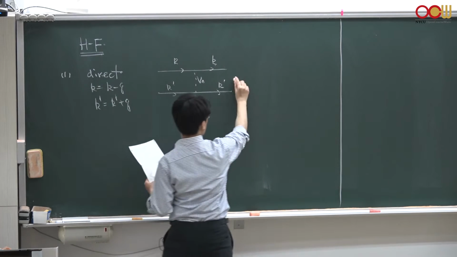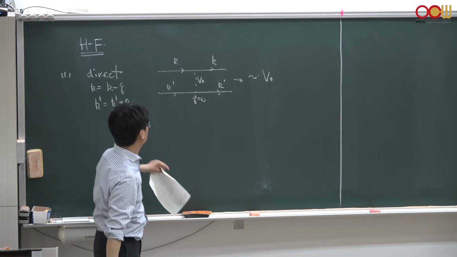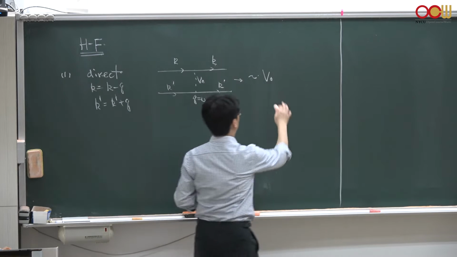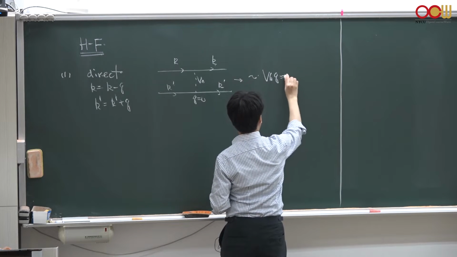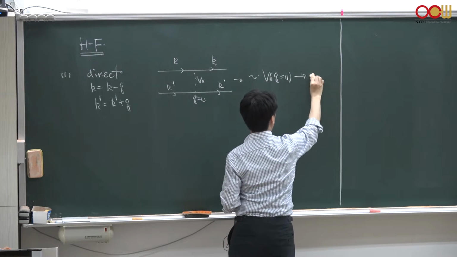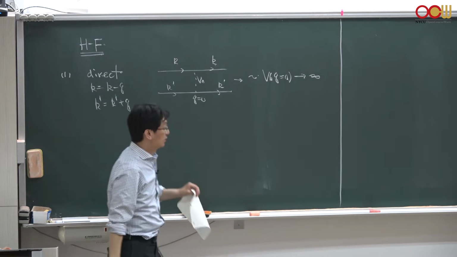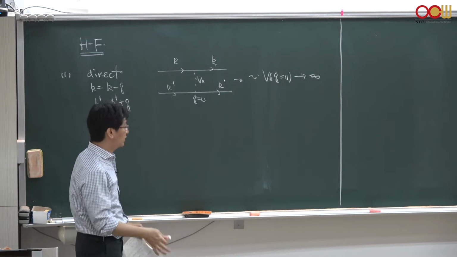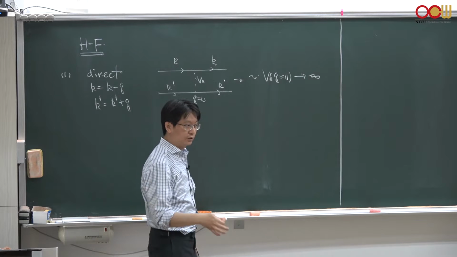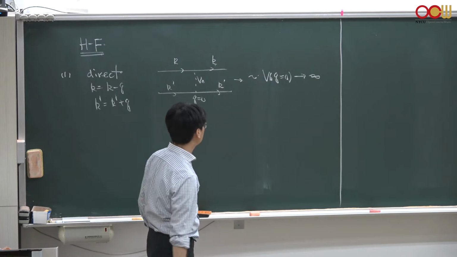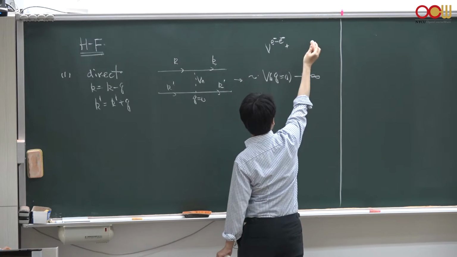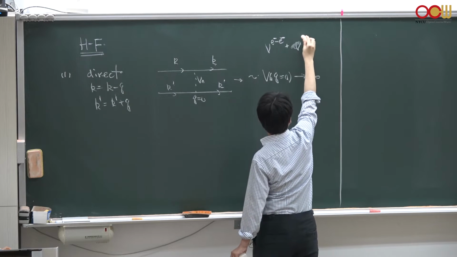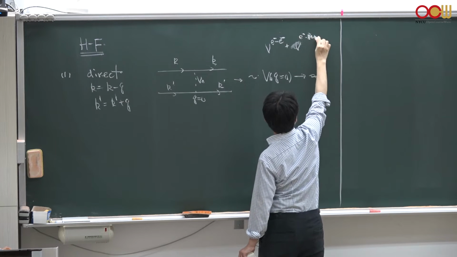And this is going to give you V0, where Q is actually 0. And we know that this goes to infinity. And this infinity is precisely the infinity that we tried to eliminate last time. Remember, we sum up all these infinities of a Coulomb interaction.